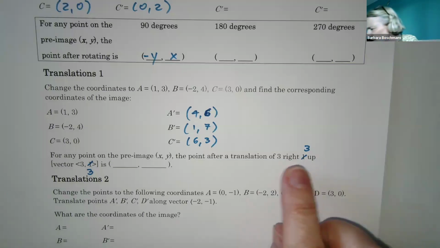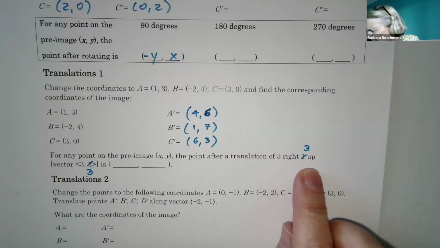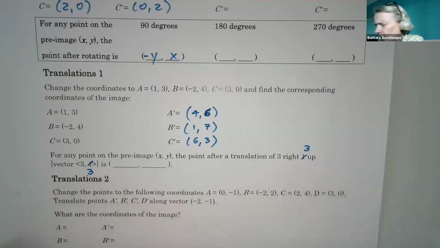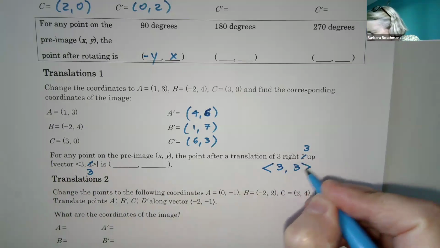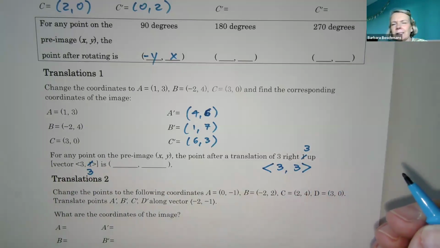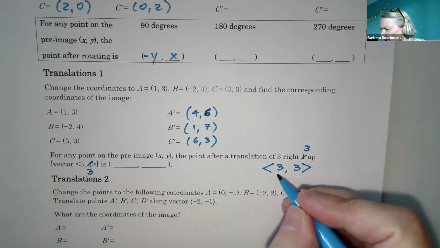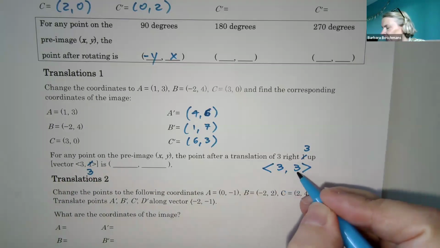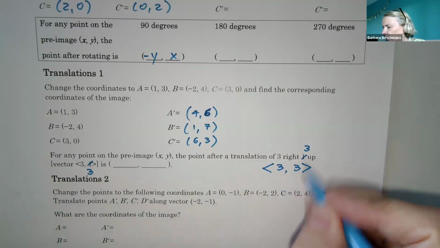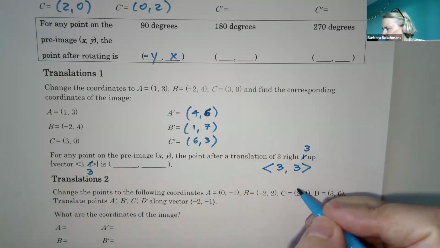Okay, so once I change it to 3 right and 3 up, this is vector notation, in those triangular brackets. The first one is where you go right or left. If it's positive, it goes right. If it's negative, it goes left. The second one is up or down: positive, up; negative, down.